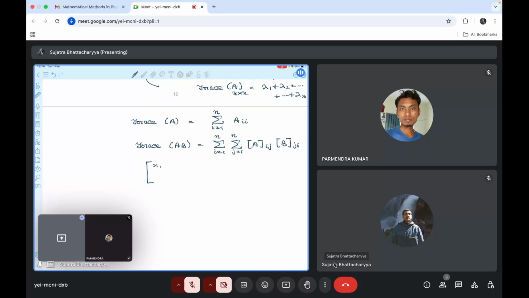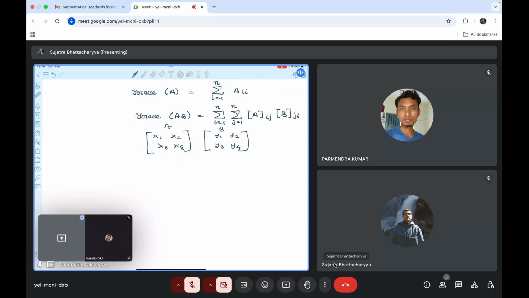Say A is a matrix x1, x2, x3, x4. This is the A matrix. Let's say another matrix y1, y2, y3, y4 is the B matrix. You multiply these matrices, AB. The first element is x1 y1 plus x2 y3.